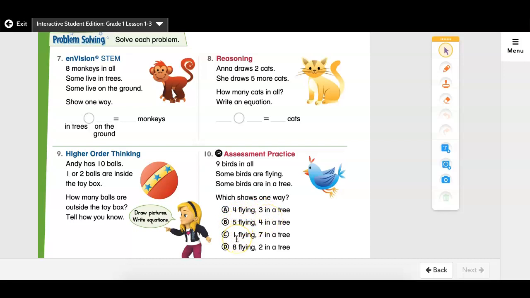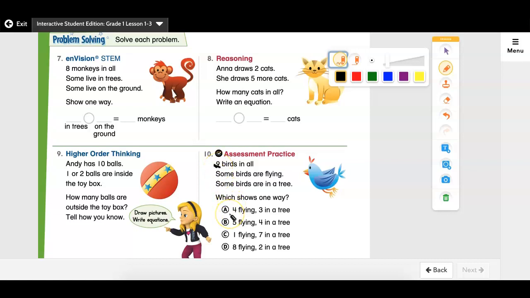C says 1 is flying and 7 are in the tree. D says 8 are flying and 2 are in the tree. So remember, we have 9 birds in all. So whichever answer choice you decide, it has to add up to the total sum of 9.